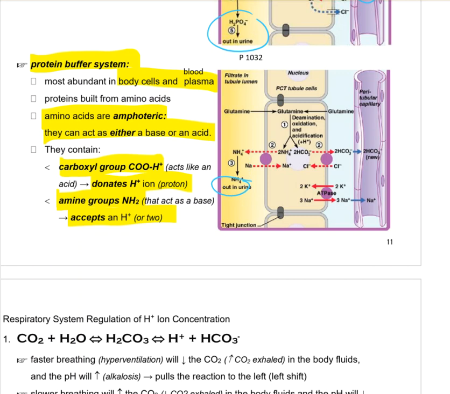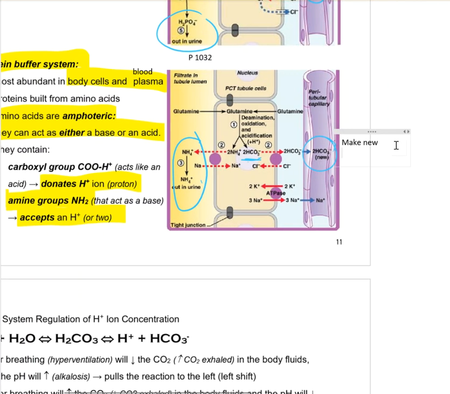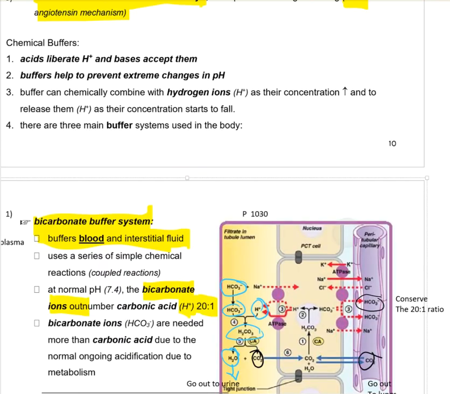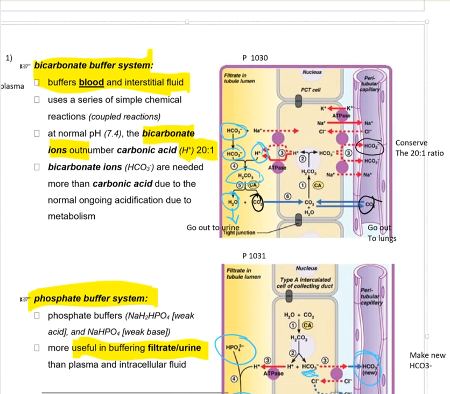Okay, so let's circle it so we can see what we're writing. But notice what happens when we do that. We can take this carboxyl group and turn it into bicarbonate, and we can make new bicarbonate. In this case, it even makes two. Make new HCO3 negative, right? So this one at top here maintains the ratio as best it can.